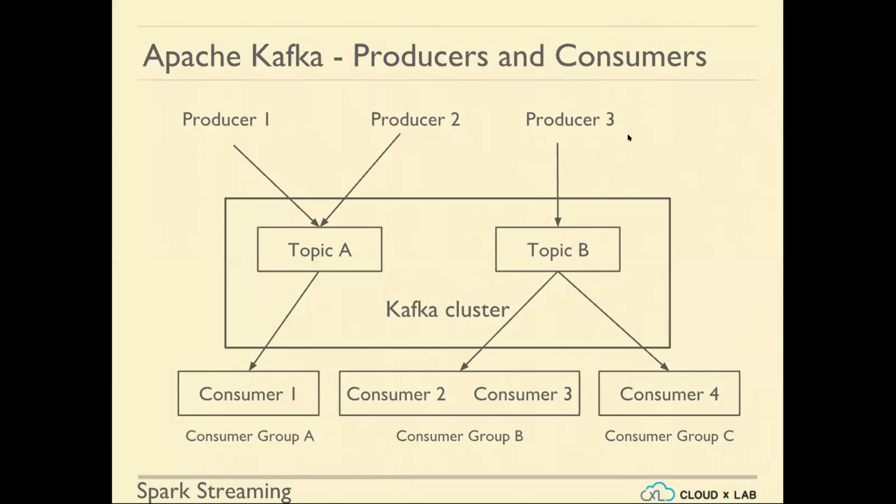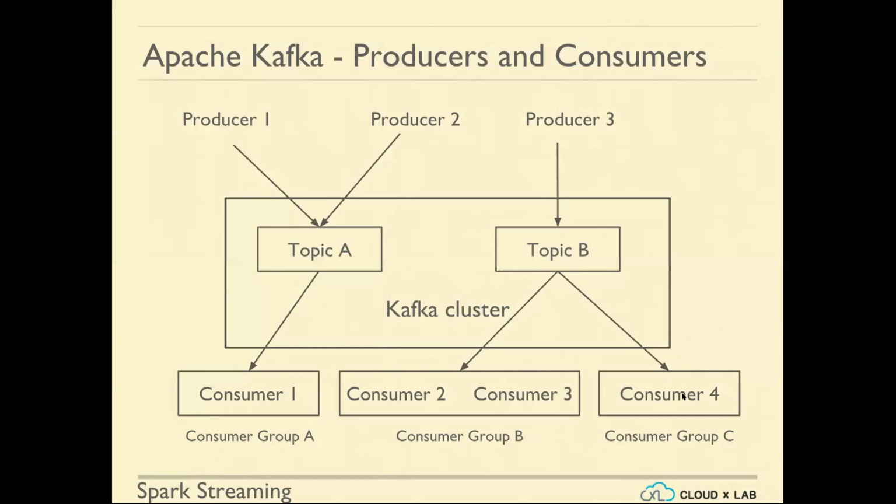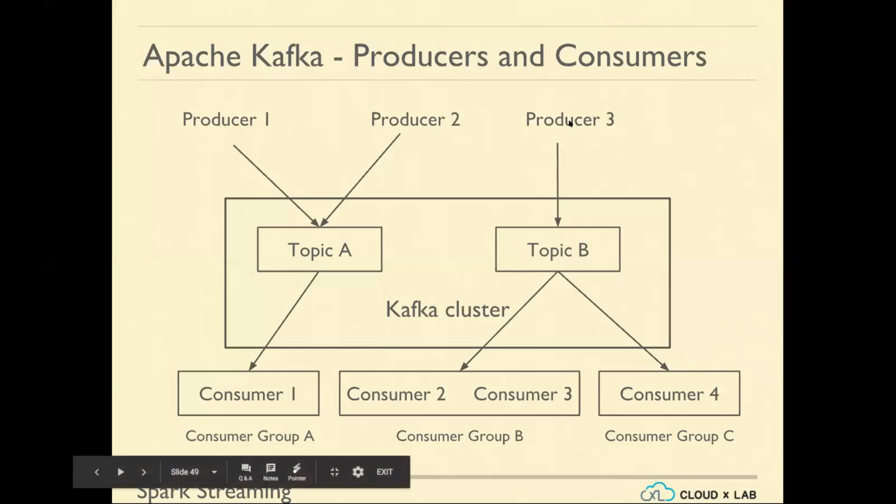So if producer 3 produced 10 messages, a copy of the 10 messages will go to this group and another copy will go to this group. So both of them will receive 10 messages each if the producer is producing 10 messages.